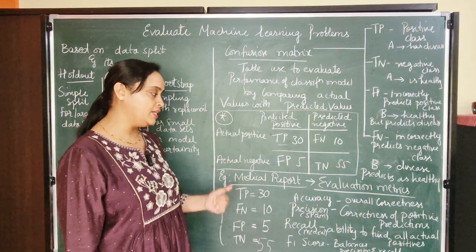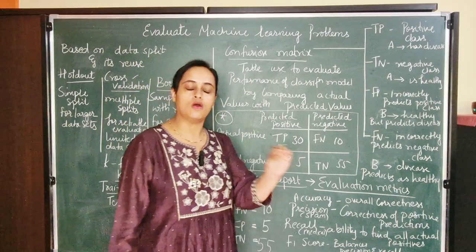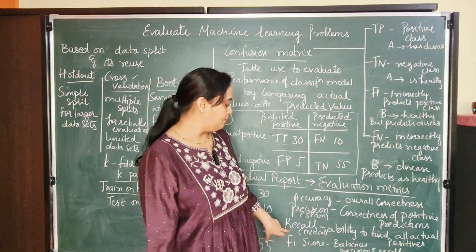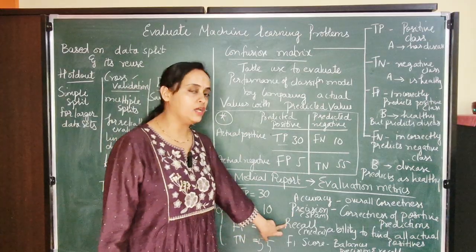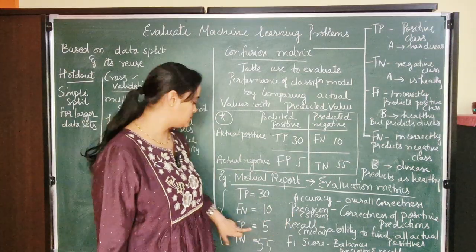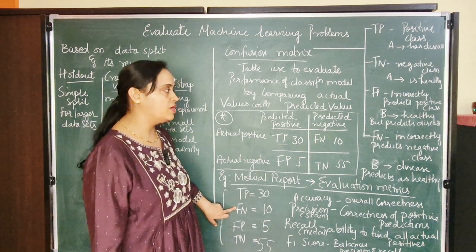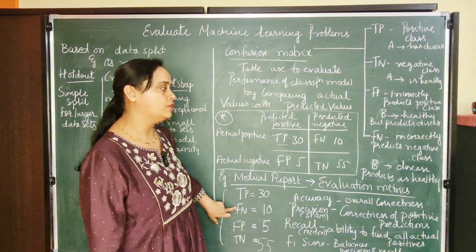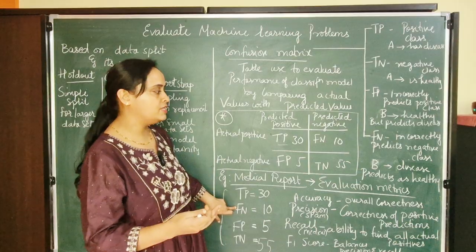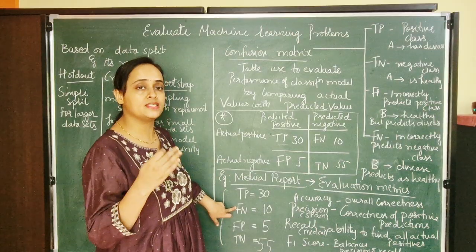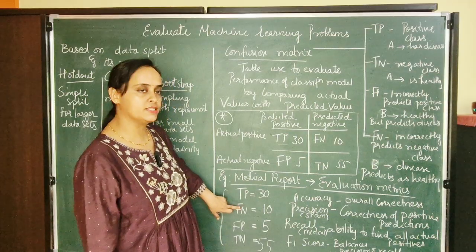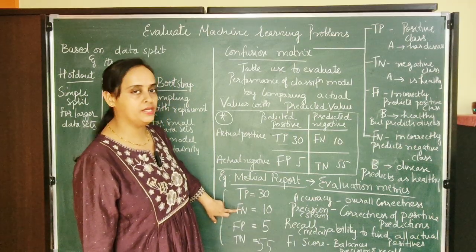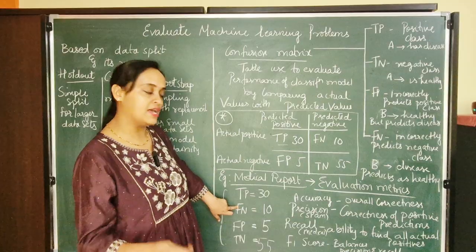Recall is the ability to find all actual positives. Precision avoids false positives, while recall is the metric that avoids false negatives. What is a false negative? Even though the person is diseased, predicting them as healthy. Recall avoids predicting a diseased person as healthy.